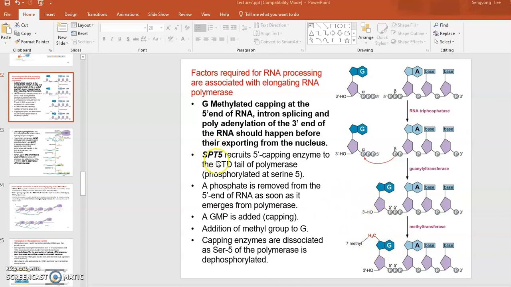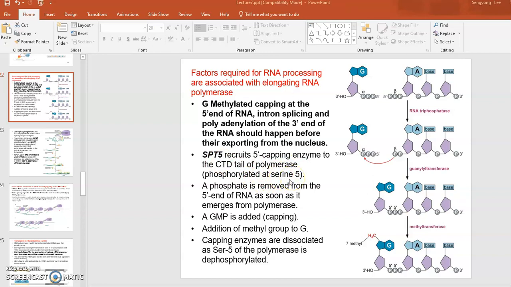So SPT protein plays an important role. So that protein recruits the 5' capping enzyme to the C-terminal domain of the RNA polymerase, especially when the phosphorylation happens to the serine 5 of the RNA polymerase.